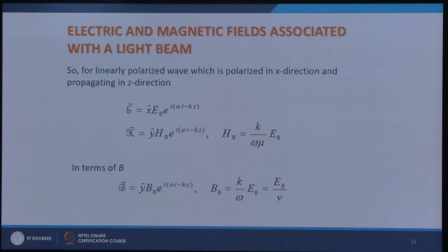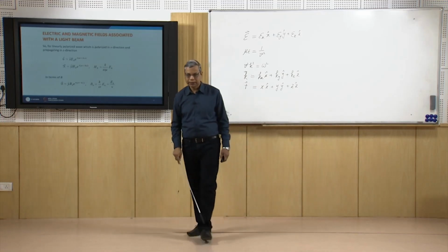I can also write it down in terms of B. This would be simply y cap B0 e to the power i(omega t minus kz), where B0 would be nothing but k over omega E0, because if you take this mu on this side and combine this mu with H, then it will become B. What is k over omega? k over omega is nothing but 1 over V. So, B0 is nothing but E0 over V. V is the velocity of electromagnetic wave.